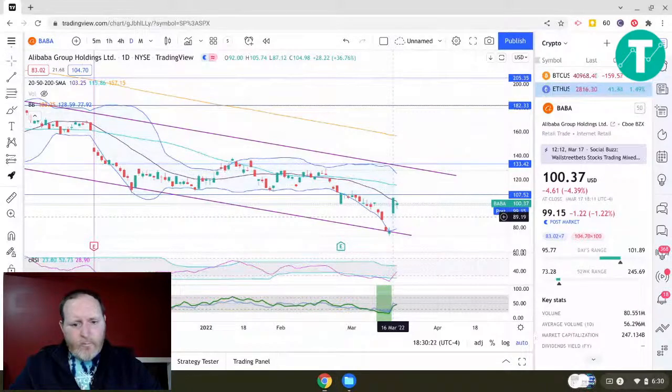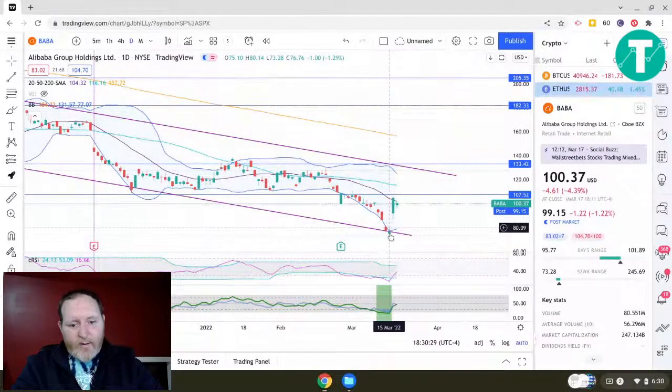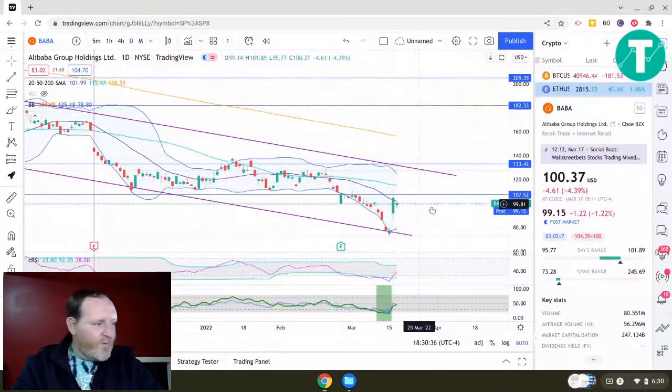So it's a risky one because you don't know what the government's going to do. But those who got in here on the 14th or 15th and then sold this thing on the 16th made a quick turnaround profit for sure.